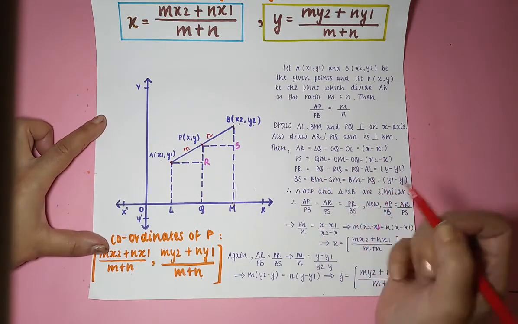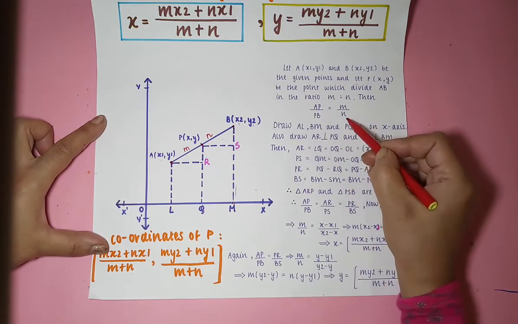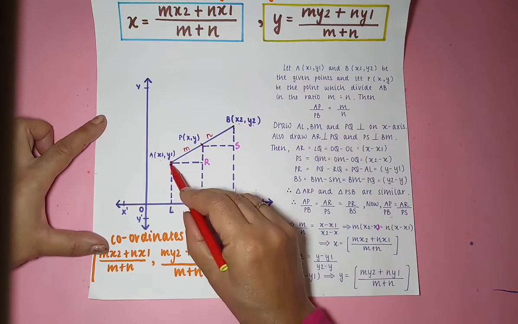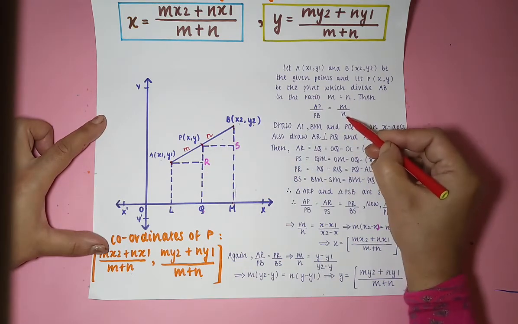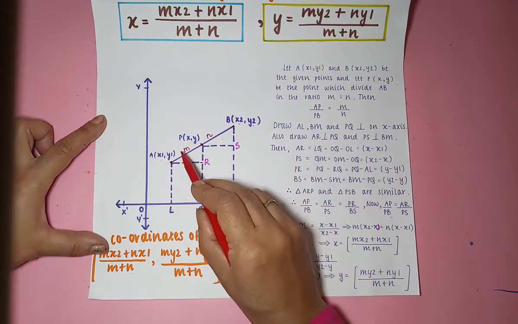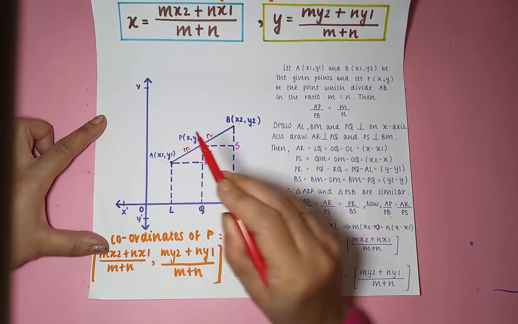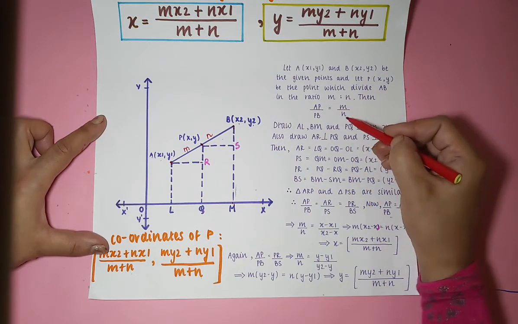So AP upon PB will be m upon n, because this point P divides the join of A and B in the ratio m:n. So how will we express that? AP upon PB is equal to m upon n.